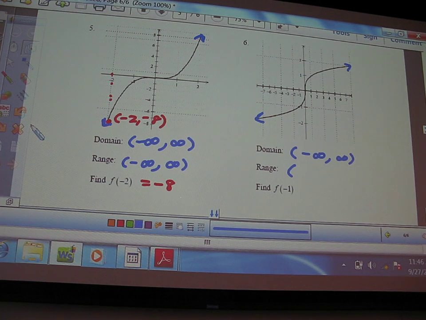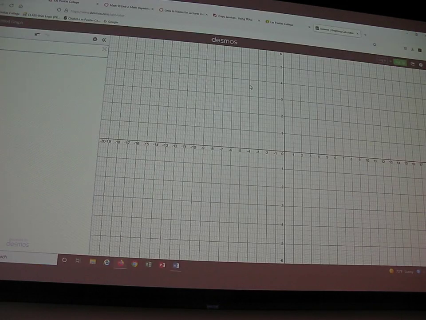So for number 5, you guys thought that it didn't get past 2. Is that what you guys are thinking? Okay, hold on, my bad. All right, so here's the thing.